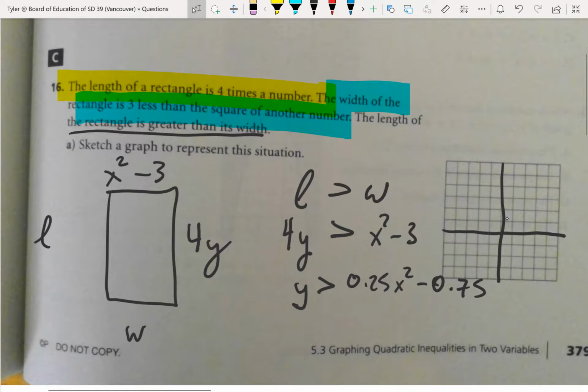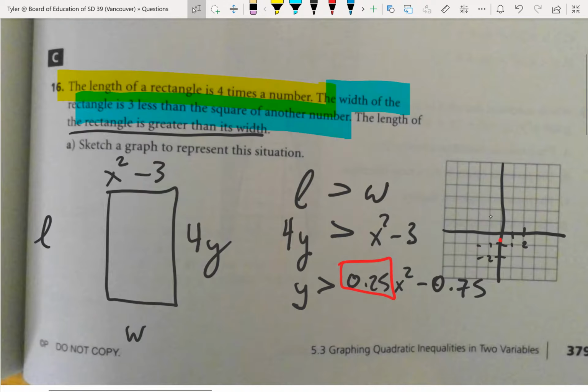If we were just going to draw this freehand, this is 1, 2, negative 1, negative 2, and so on. My vertex is going to be here. Let's make it red so we can see it at negative 0.75. Normally we would use the step method, over 1, up 1, but because it is multiplied by 0.25, it's over 1, up a quarter, over 1, up 3/4, over 1, up 5/4.